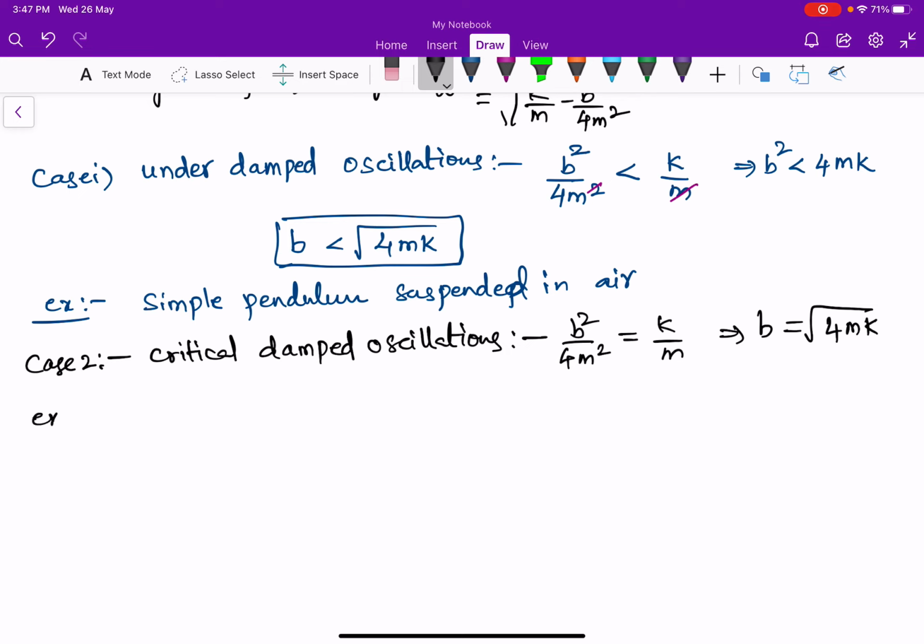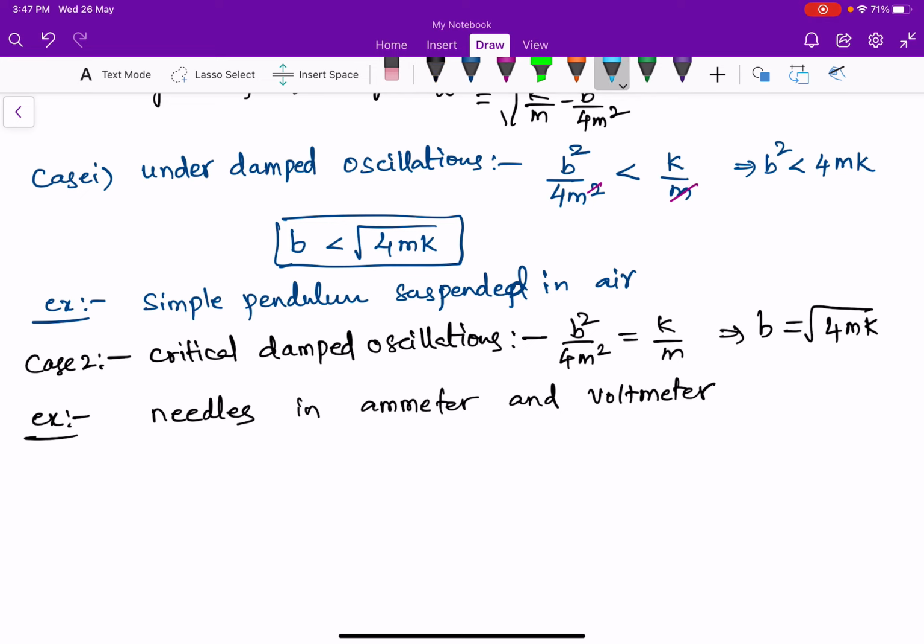An example for this case is ammeter reading and voltmeter reading, that is, the needles in an ammeter and voltmeter. Ammeter and voltmeter execute this type of critical damped oscillations.